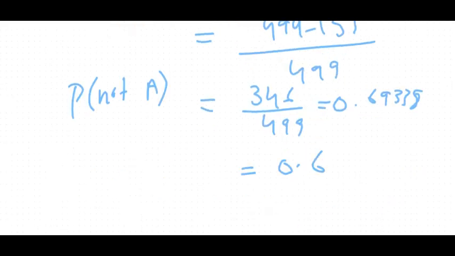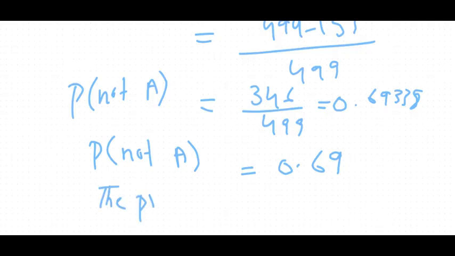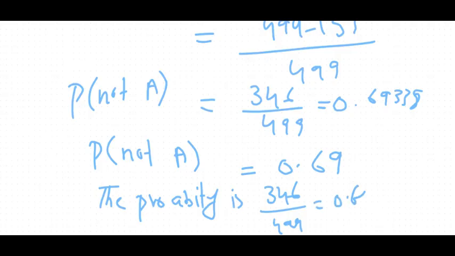Okay, approximately, this is the answer for P of not A. So we can say that for 11.2, the probability is 346 by 499, which equals 0.69. Okay, so this is the answer of the last question 11. Thank you.